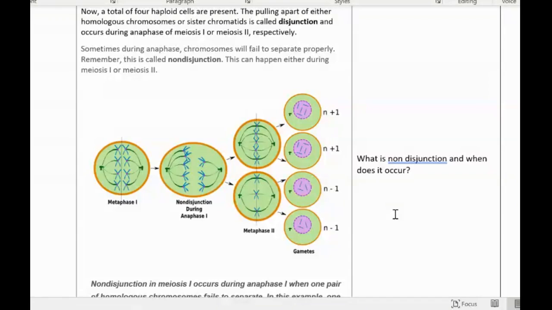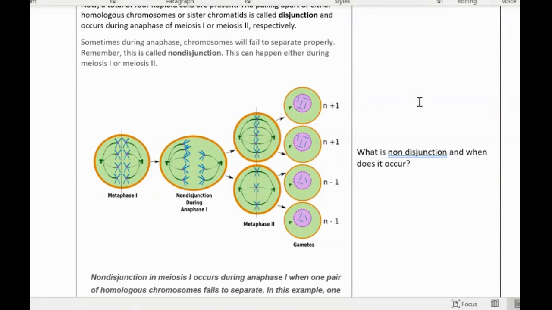Sometimes when monosomies occur in a human being, the pregnancy is unsuccessful. Trisomy 21 is a disease that occurs in the offspring of parents who are older.